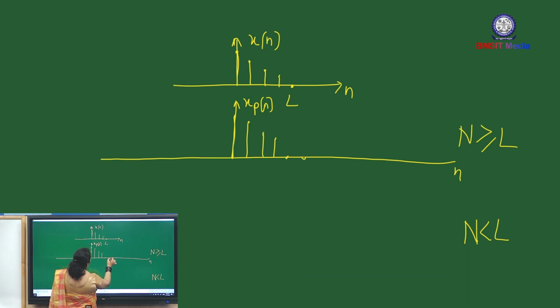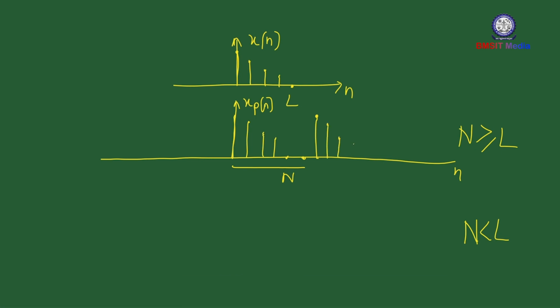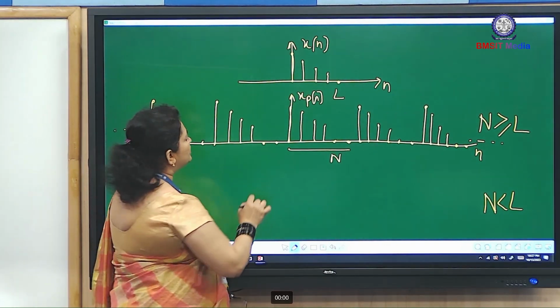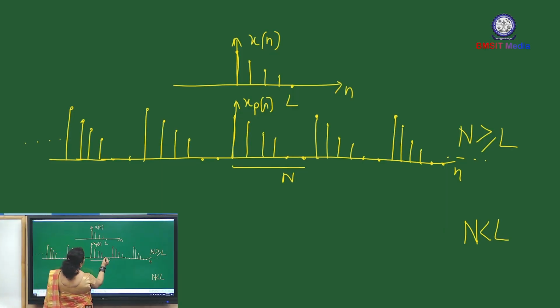Now since I have taken n greater than or equal to L, this is my n. Next, our x of n is repeating. Now here you can see that n is greater than or equal to L. Still here if I take, it is equal, greater.